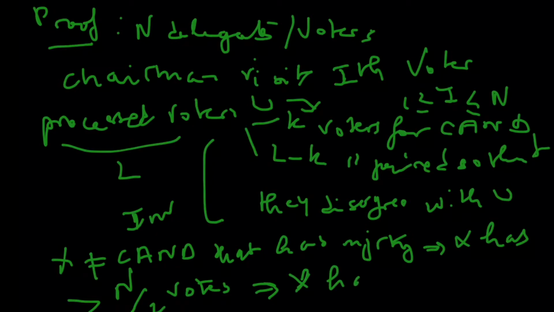X has votes, but this is contradictory. That's contradictory with the fact that u has voted for cand.